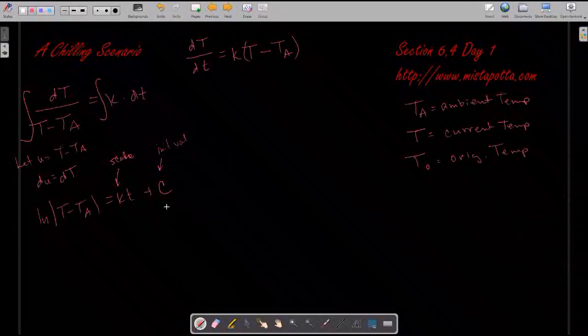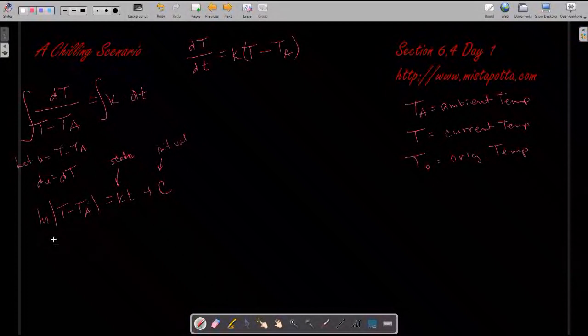But this constant k has to be given to you, and it's going to be positive or negative, depending if we're heating something up or cooling something down, respectively. And then I have to solve for T.